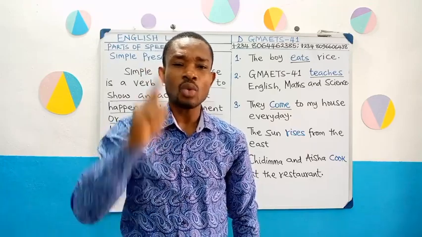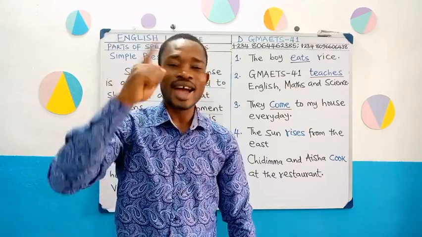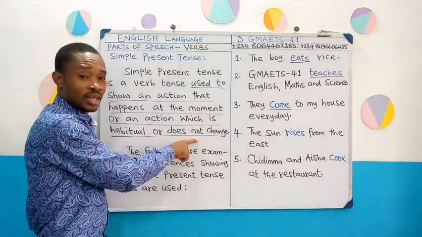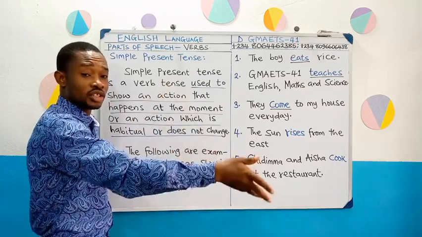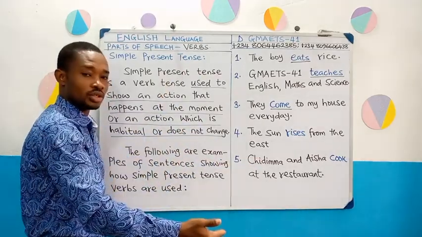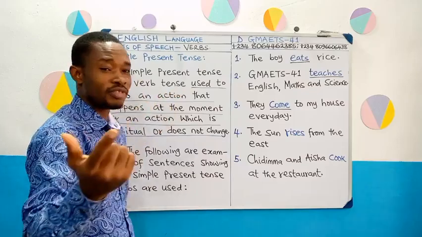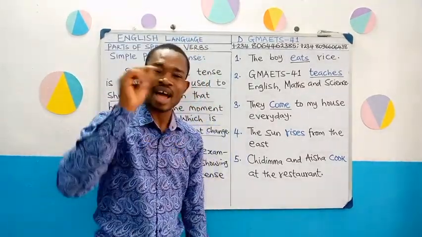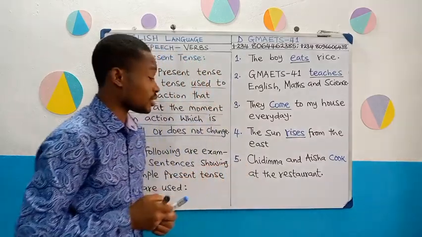The sun always rises from the east. This is something that happens all over the world. So you see, talking about using simple present tense to show action that does not change, the sun rising from the east is something that we've never seen change, and I don't think it's going to change. It's something that happens always. Let me underline rises. That's the simple present tense there.